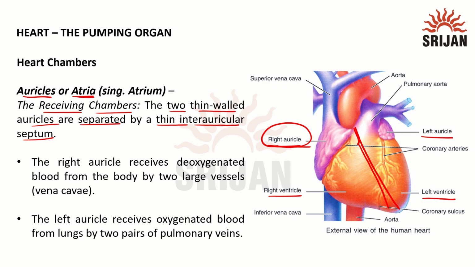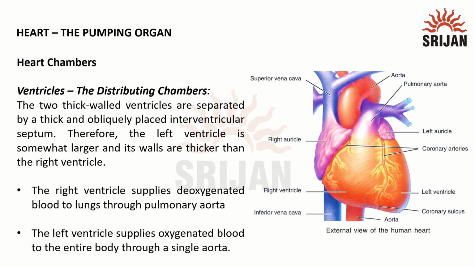The right auricle or atrium receives deoxygenated blood from the vena cava superior and inferior. Similarly, the left auricle also receives blood, that is oxygenated blood, from the pulmonary veins. These pulmonary veins are coming from the lungs. Now, if we see the ventricles, ventricles are the distributing chamber.